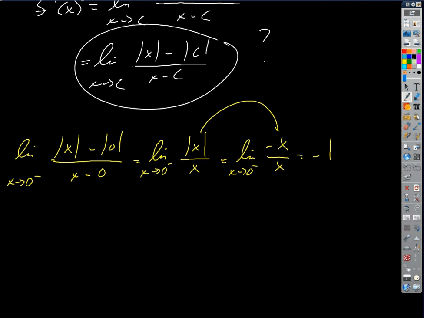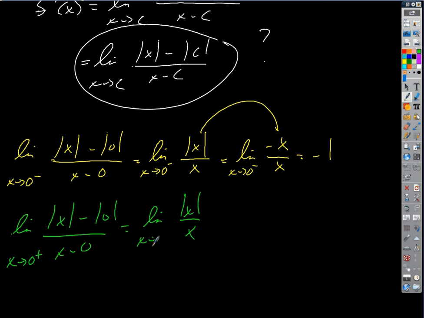How about the limit from the right? You can probably already anticipate what's going to happen here. If we take the limit from the right, we get the limit of the absolute value of x minus the absolute value of 0 over x minus 0 as x approaches 0 from the right. Same algebra, isn't it? The limit of the absolute value of x over x as x approaches 0 plus, but what's that equal to?